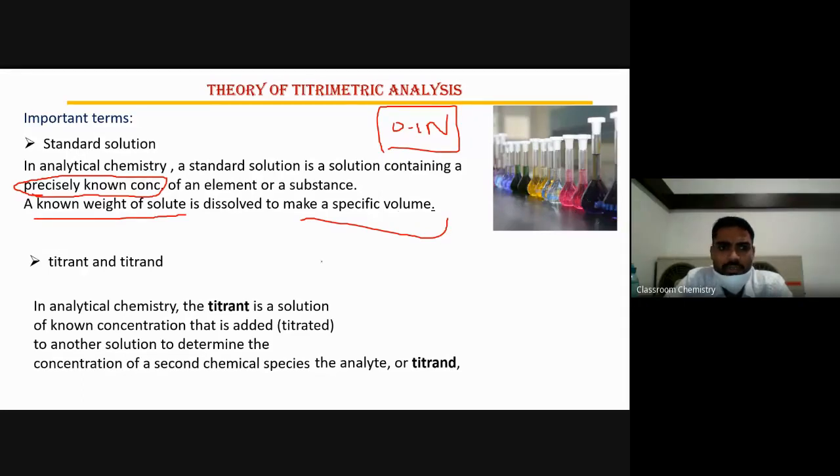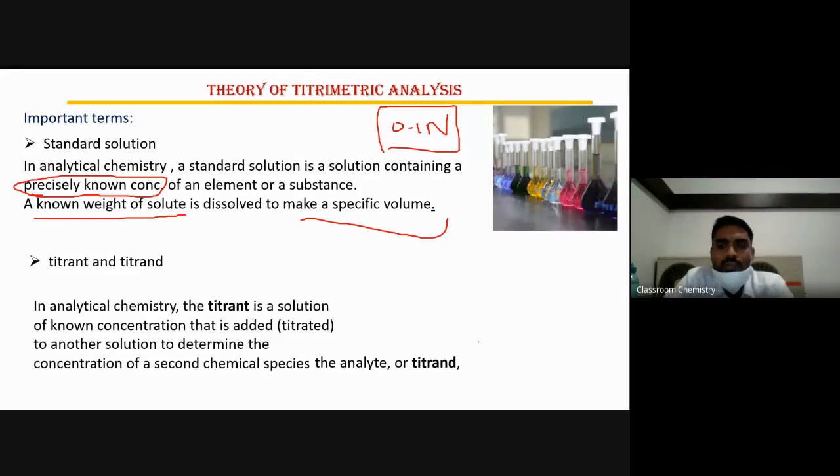It is a particular normal solution. After this, we go to the next point, that is titrant and titrand. What is titrant and what is titrand? In analytical chemistry, titrant is a solution of known concentration.